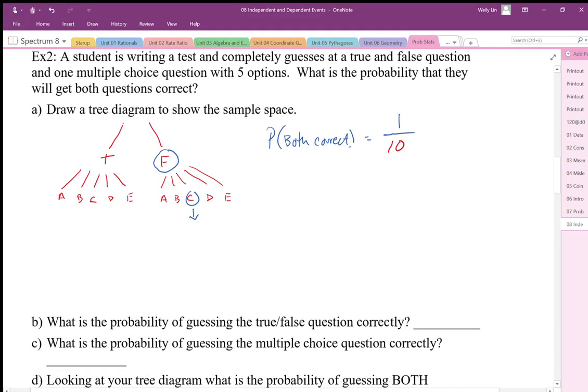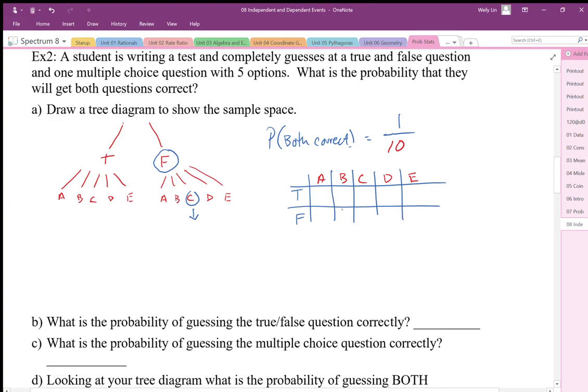Really, since this is a 2-event probability, this one actually would be much nicer with a grid diagram. So having true and false, and then we have our multiple choice being A, B, C, D, E. We'll get the same result, but I think it looks nicer with a grid diagram.